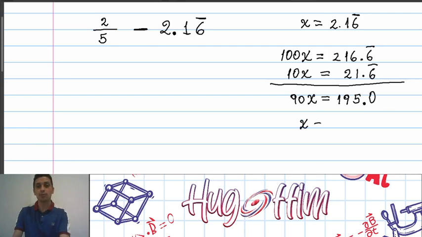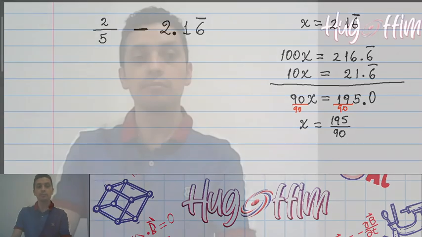So our number is just 195. Remember that I can divide by 90. So it will be 195 over 90. And now you can simplify the expression applying many methods. You can simplify the expression just by dividing by 3 both sides.